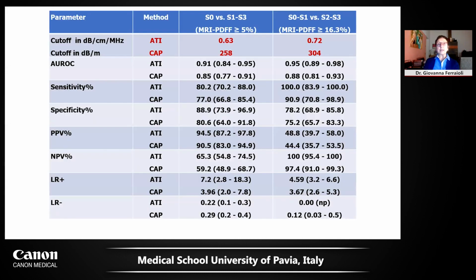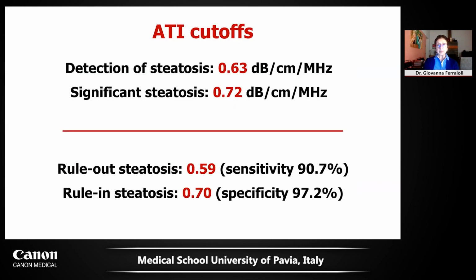These are the cutoffs obtained for ATI and for CAP for the detection of liver steatosis and for significant steatosis. And as you can see, sensitivity, specificity, positive and negative predictive values were higher for ATI with respect to CAP. What were the cutoffs?